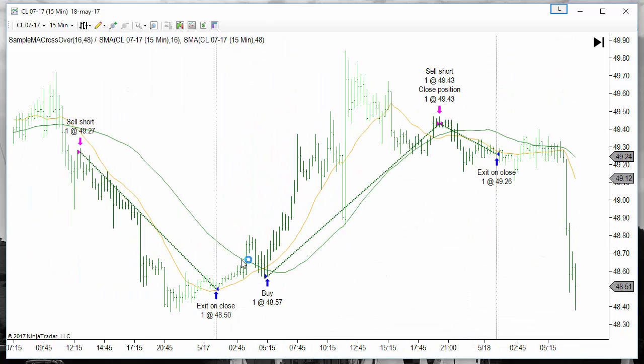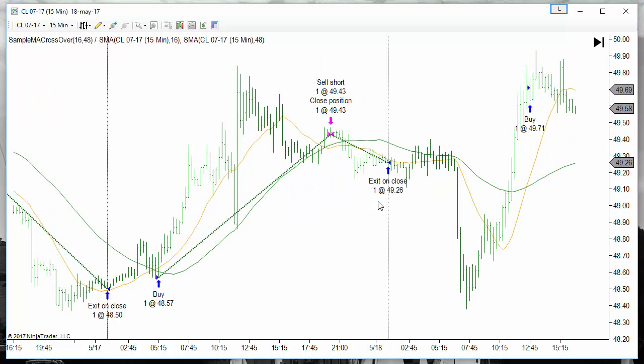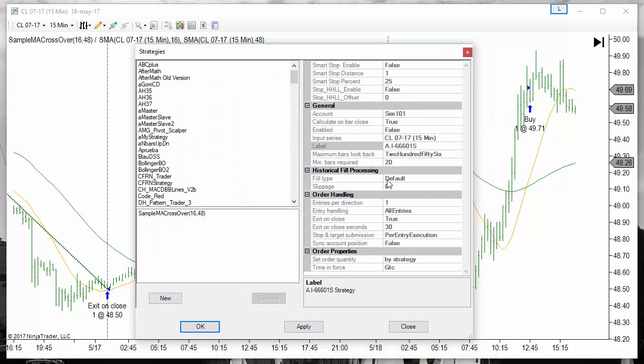In this setup, which is very simple, we only look at the crossover of two lines and enter the market each time there is a crossover. In this example, it is closing at the day session close, but we can change the exit on close input parameter.